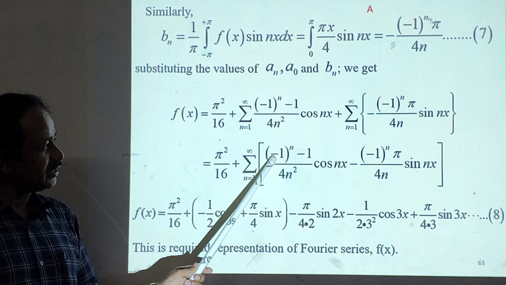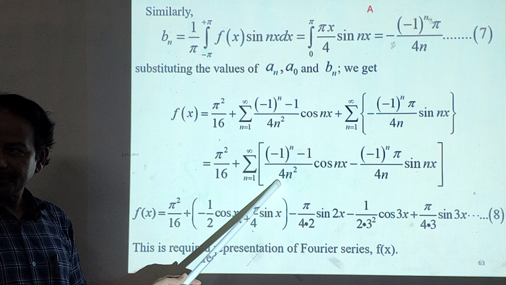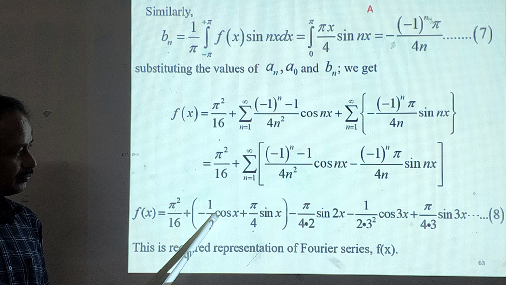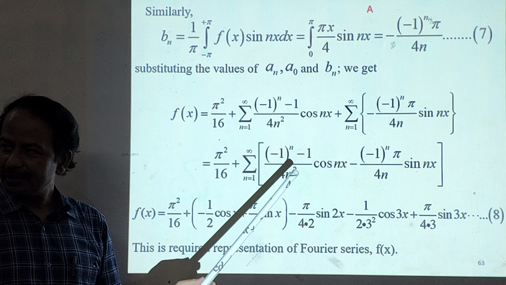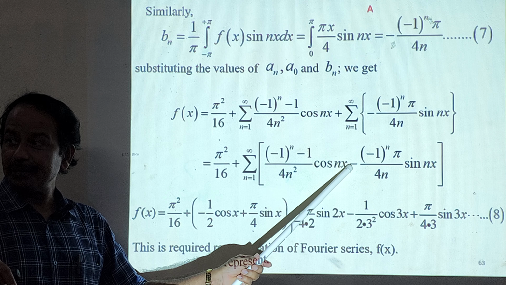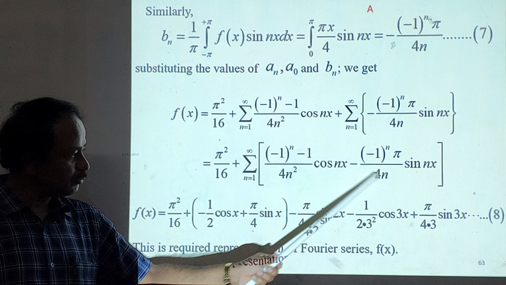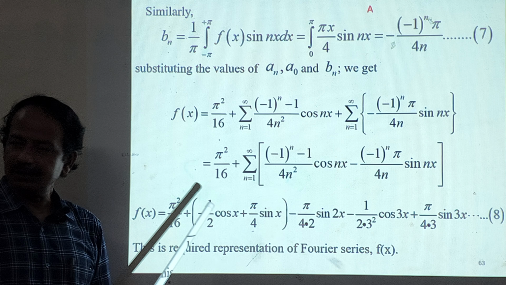Minus 1 minus 1 is minus 2. Minus 2 divided by 4 is minus 1 by 2. And here minus 1 to the power 1, so this will be minus 1. Minus 1 multiplied by minus, so plus. This pi is here, here 4 is here, n equal to 1, sin 1x.